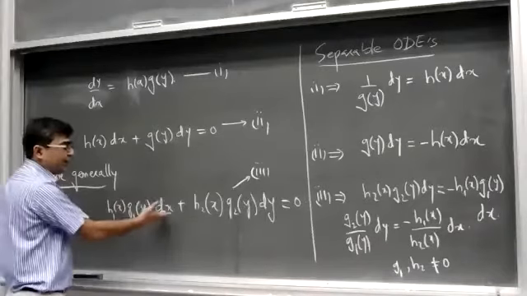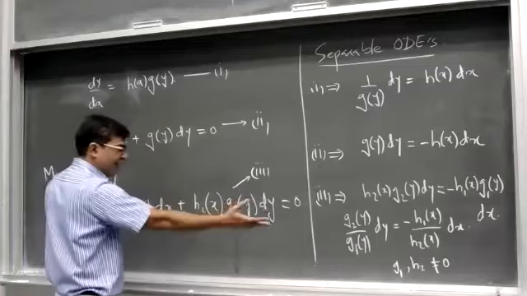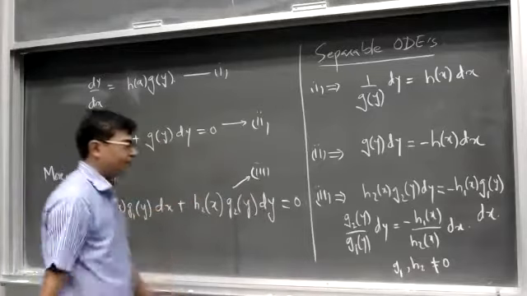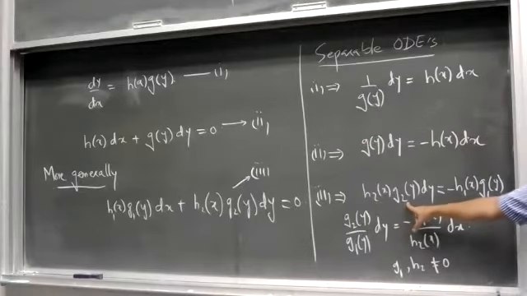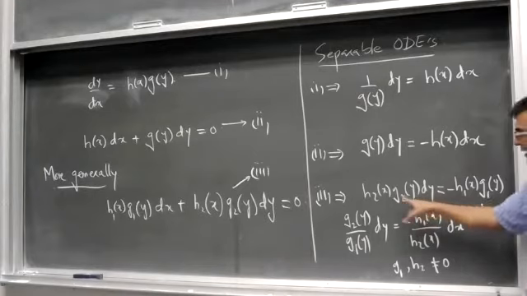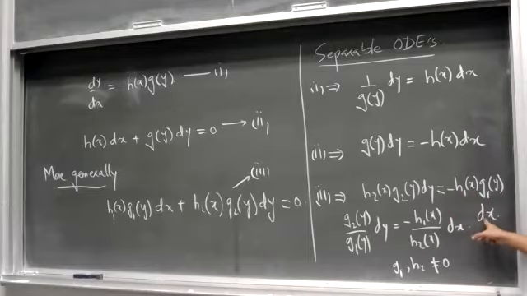So you take dx or dy, either of these two, to the other side and then try to separate them. You can see here that this is a function of x, this is a function of y. So the function of y should stay here with dy. We divide h2 on the other side. Similarly here, you have dx, and h1 of x should stay with dx.